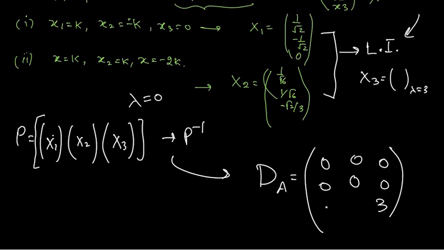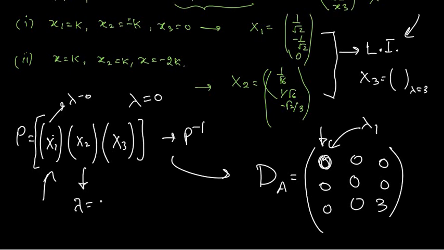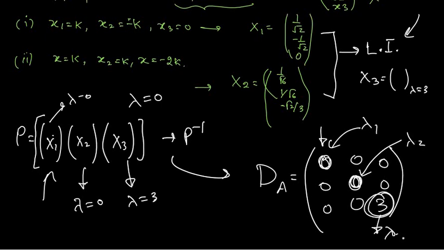Is this order important? Yes, this is important, because the first element will be lambda 1, because you put x1 first, which corresponds to lambda equal to 0. This corresponds to lambda equal to 0, and this corresponds to lambda equal to 3. So this will be lambda 1, lambda 2, and lambda 3.